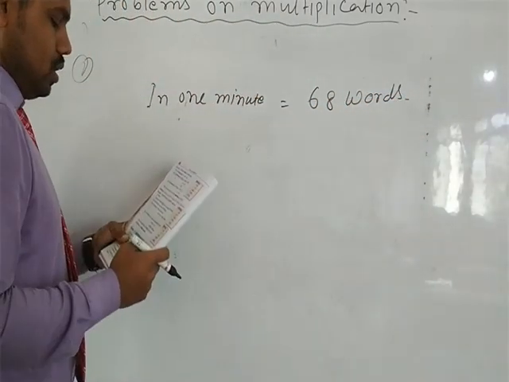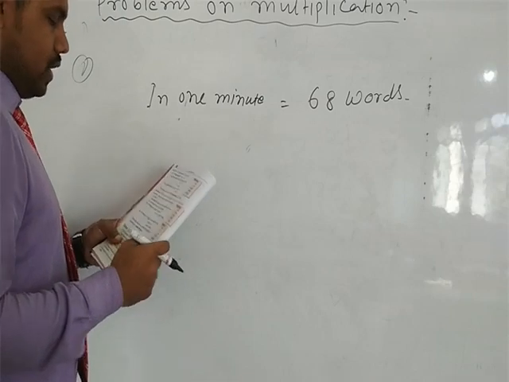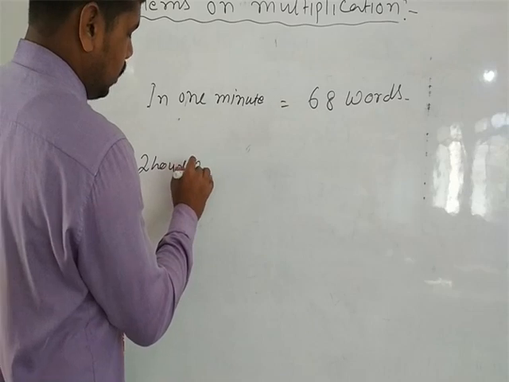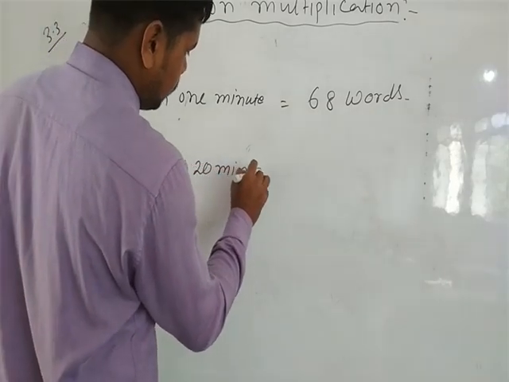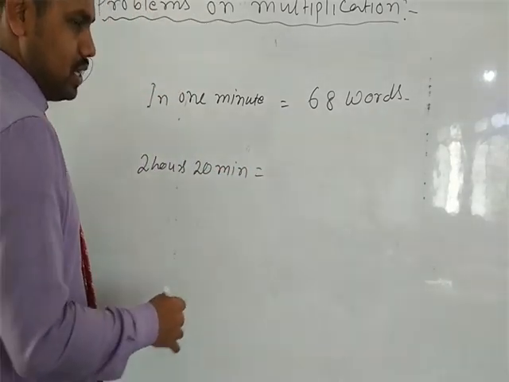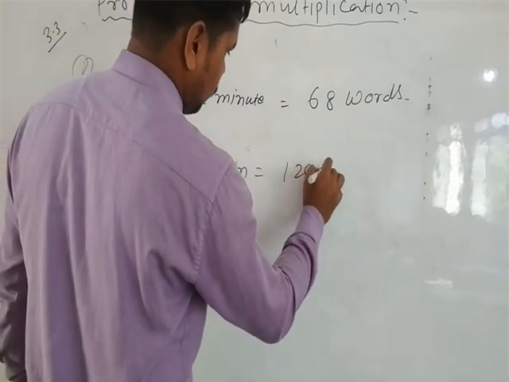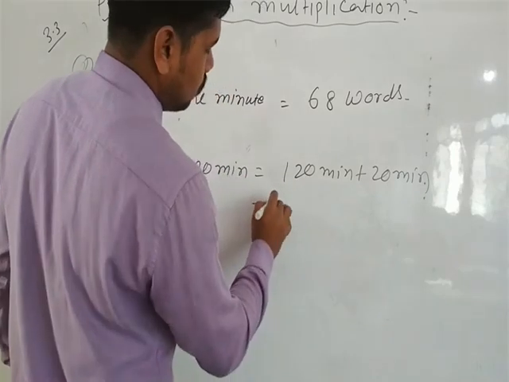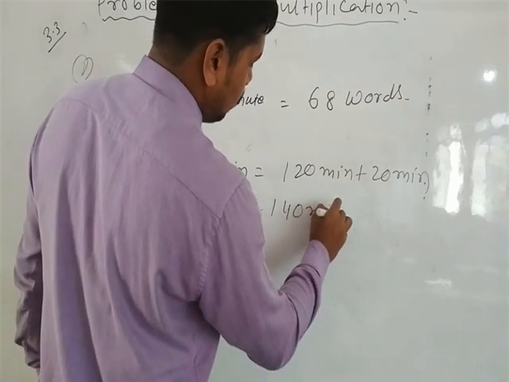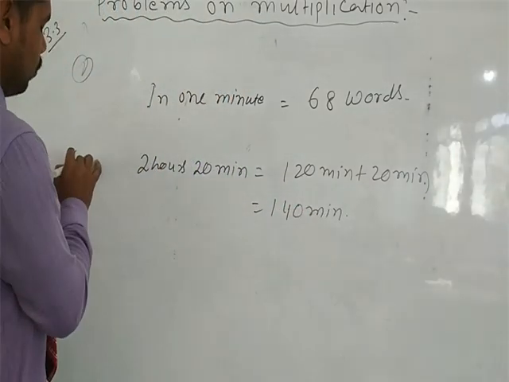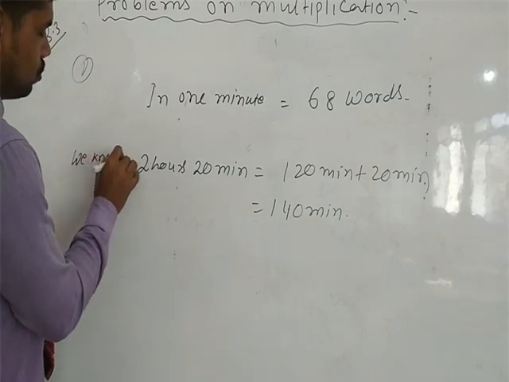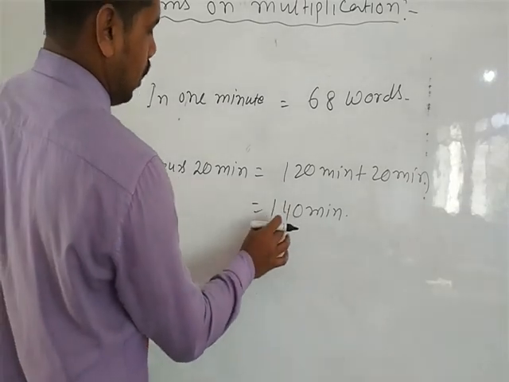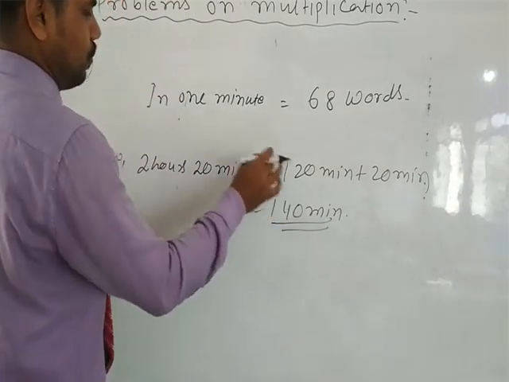First we have to convert 2 hours and 20 minutes. 2 hours means 2 into 60, so 120 minutes plus 20 minutes, 140 minutes. Now you have to find for 140 minutes.